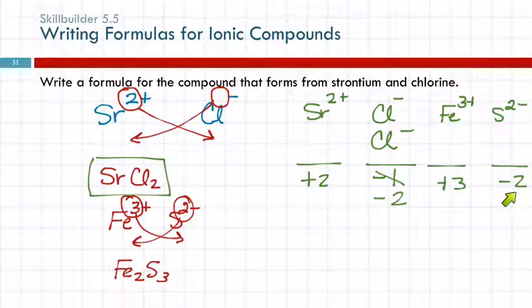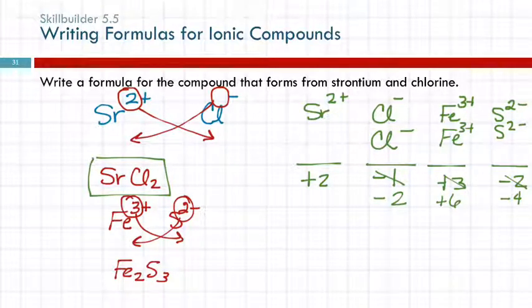But we can throw in more of one or the other ion. So we don't have enough negative charges. So let's draw in another sulfur. Well, that brings the negative total to -4. Now we've got too many negatives and not enough positives. So the only thing we can do is add more. So we'll put in another iron, and now that gives us a total positive charge of +6, and we start to feel like we're running in circles, right?